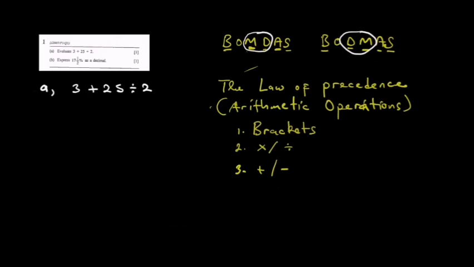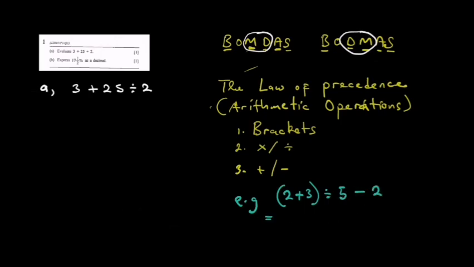This means, if I am to give another example, say we have this bracket 2 plus 3, then we say divided by 5 minus 2.